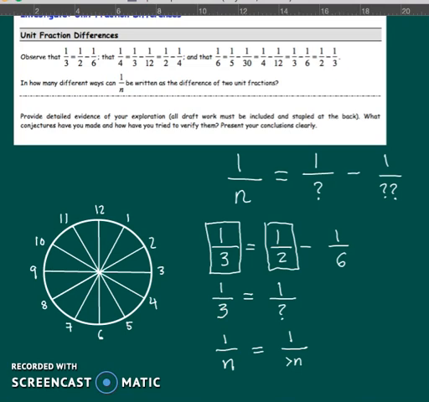To help you visualize that, let's look at this pie here. So let's look at 1/3. Okay, there it is. That is 1/3 of the pie. Now, if we're trying to find out how 1/3 is a difference between one unit fraction and another unit fraction, we know that the first unit fraction we subtract from is going to have to be bigger than 1/3, because we need to find the difference.